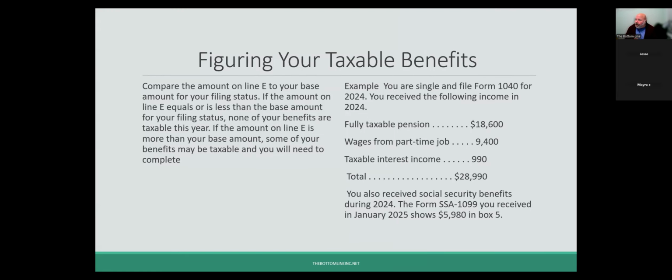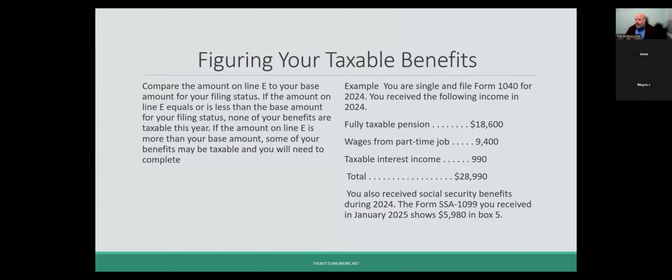So here's an example: you're single, you file Form 1040 for 2024. You receive a fully taxable pension, retirement money. You have a part-time job, and you have taxable interest income of $990. So the total income is $28,990.